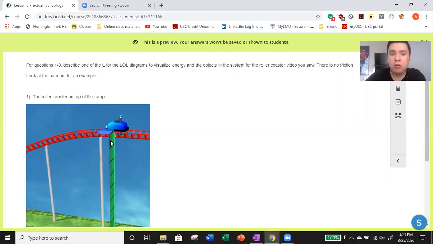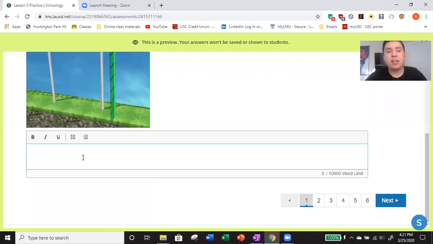So for this, we have the roller coaster on top of the ramp. Technically, at this point, the roller coaster is moving slowly, so there is a small amount of kinetic energy.